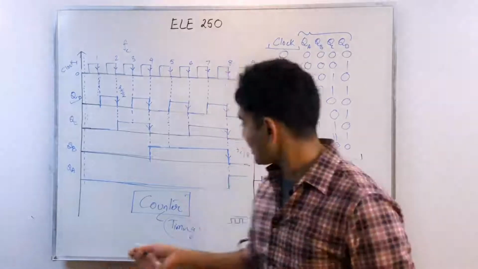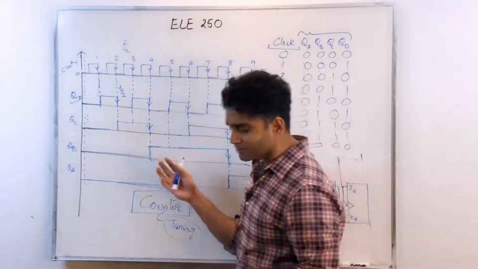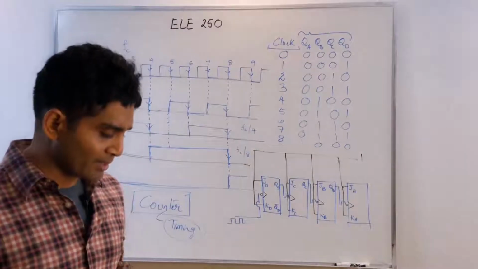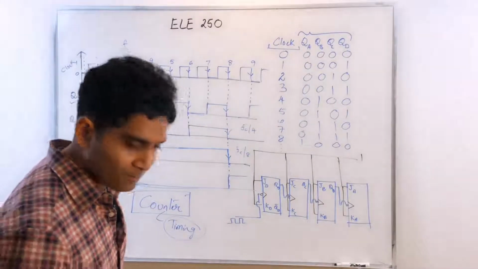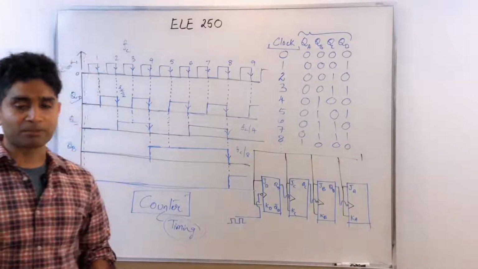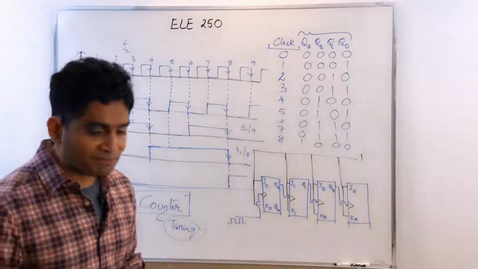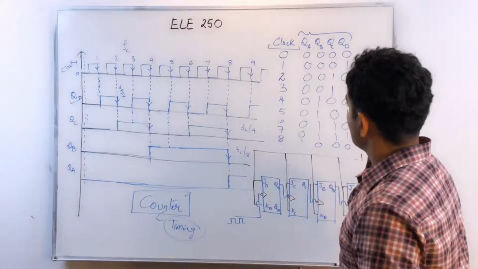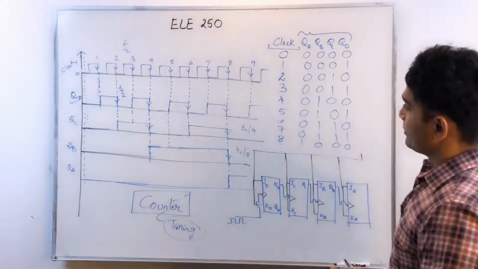So this way I can provide the timing signal. Again, this is just a simple example of a counter. You have a large number of different counters that are available that can serve this purpose, providing different kinds of timing signals. All right, so that's a counter.